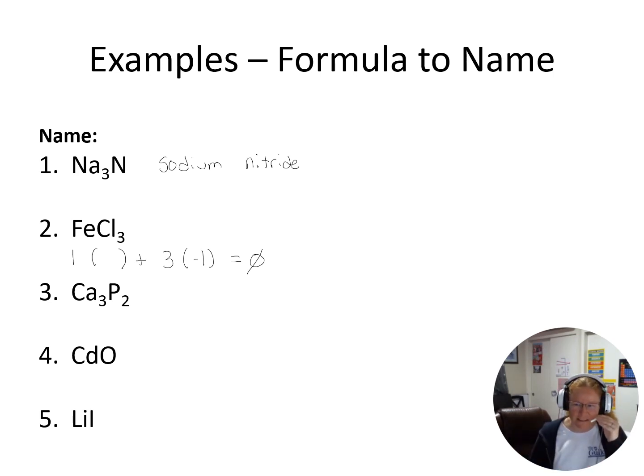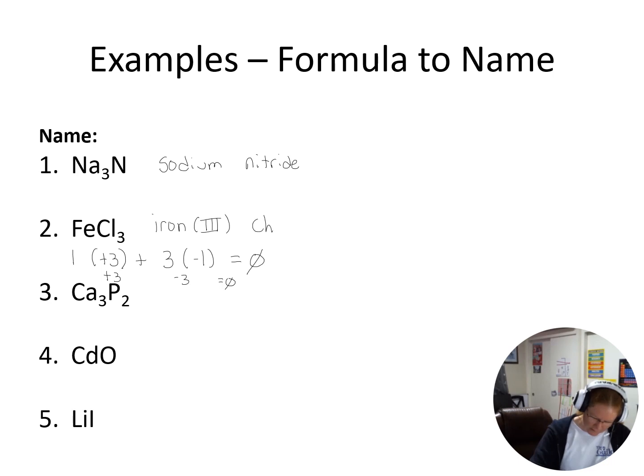So in order for this to equal 0, what charge does the iron need to have if I only have one of them? To get it to equal 0, this has to be a +3. So I can get a +3 and a -3 to give me my 0. So the name of this one is going to be iron 3 chloride.